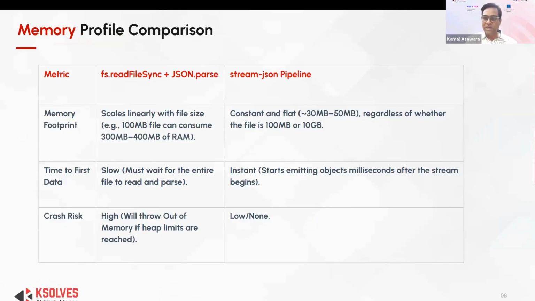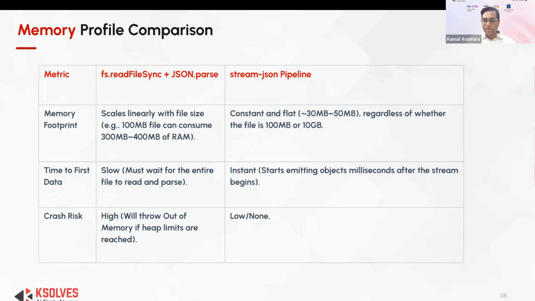In this chart, you can see the memory footprint. With normal JSON.parse or readFile async, you are reading the file from the system, so there is a big memory impact. But with stream JSON, because it works in chunks, it will have a small memory footprint.